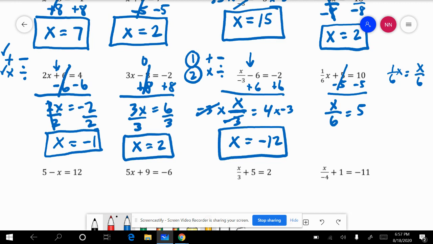And if you recognize that, this right here means division. So we're going to multiply by 6. The 6's cancel, and we get x is equal to 30. What I want you to do is pause this, try this on your own, and see how you do on the next 4.